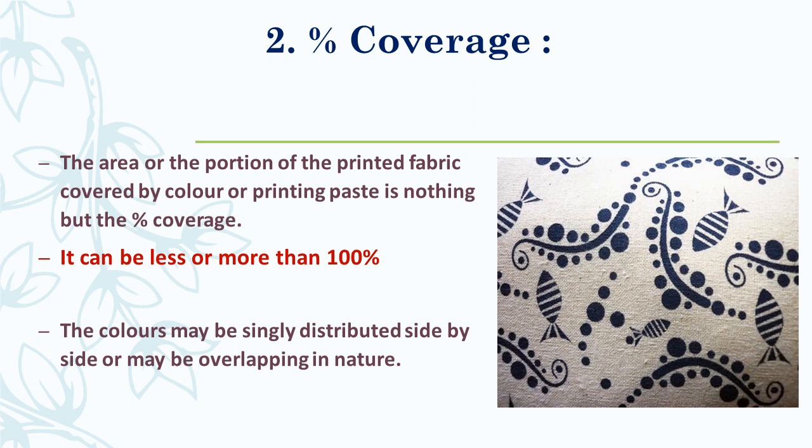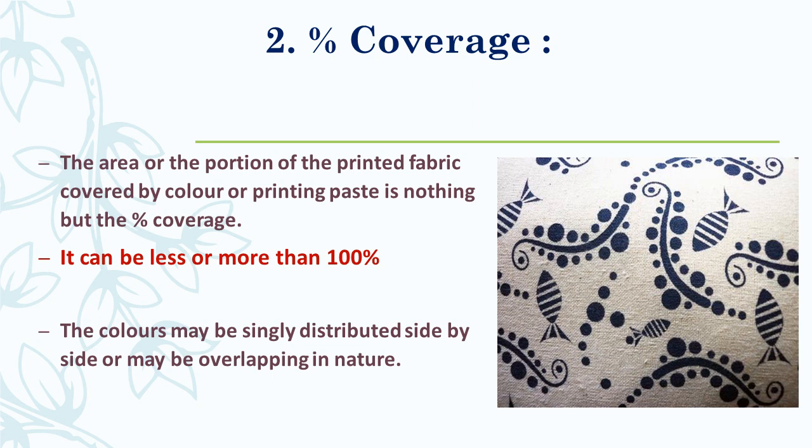Whatever area has been occupied by the black color is the coverage of black color in the design. Now percent coverage can be less or more than 100%. How is it possible? Yeah, here it is obviously less than 100%. The entire area of the fabric is not covered by black color. Only some portion of the fabric has been covered by black color.